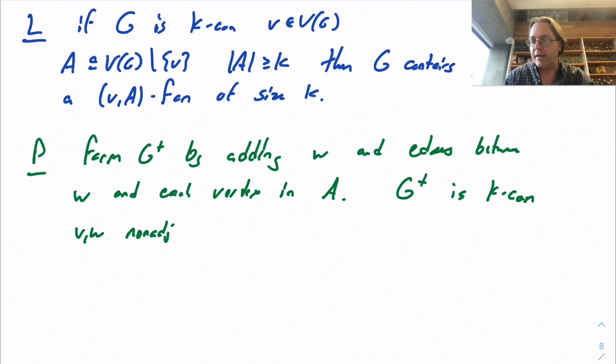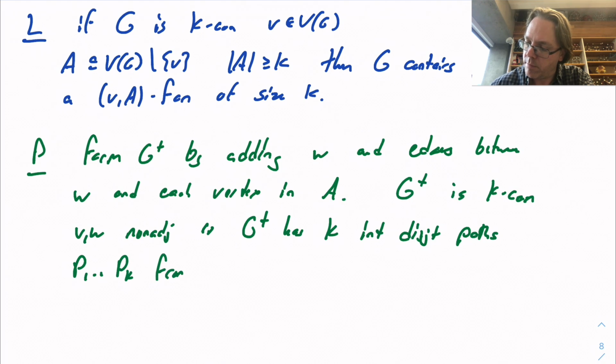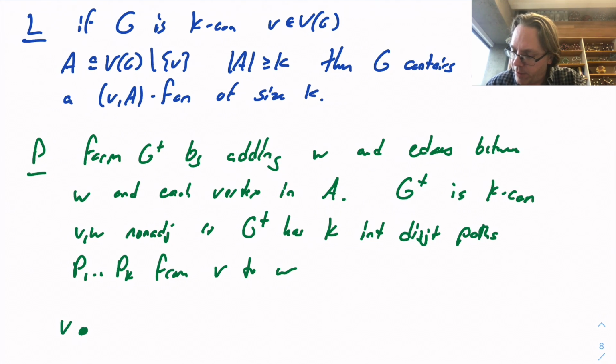But actually I don't even need that. Because G plus is k-connected, I'm guaranteed k internally disjoint paths from V to W. I really should have drawn the picture.